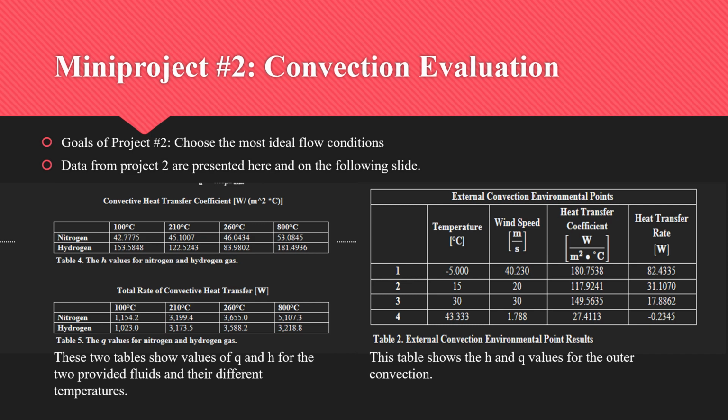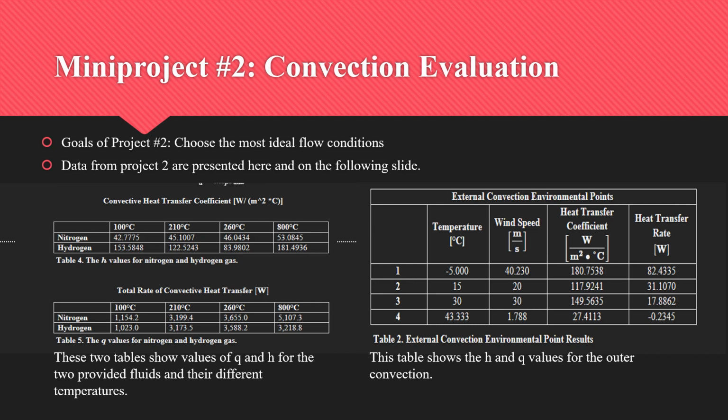They were a low temperature and high wind condition, two moderate temperature and moderate wind speed conditions, and a high temperature and low wind speed condition. Of the tested environmental conditions, a temperature of 30 degrees Celsius and a wind speed of 30 meters per second provided the lowest heat transfer rate without being negative.